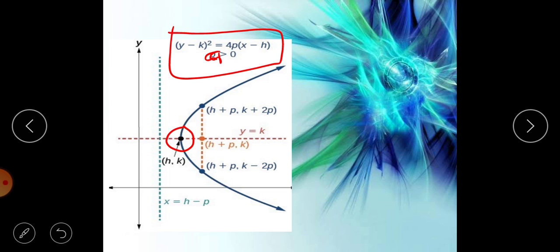This point is the focus, which is (h + a, k). And this line is the directrix, which has an equation of x = h - a. And from this point to this point, which passes through the focus, is the latus rectum.